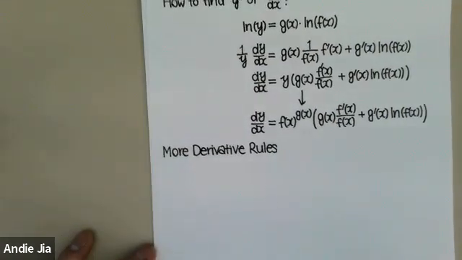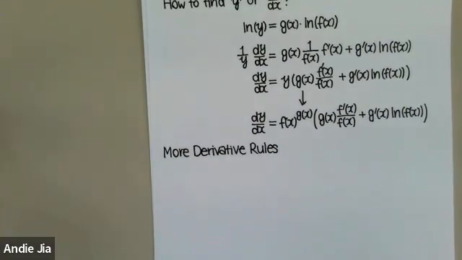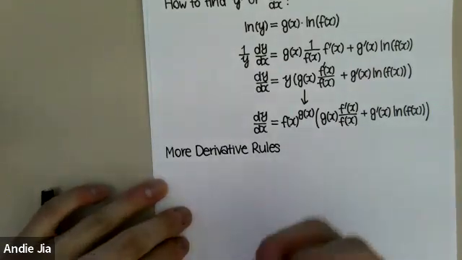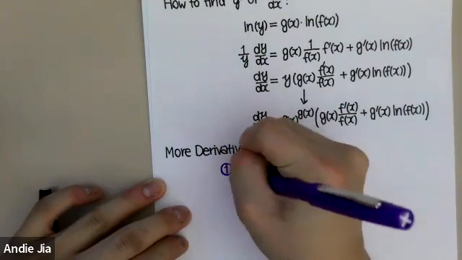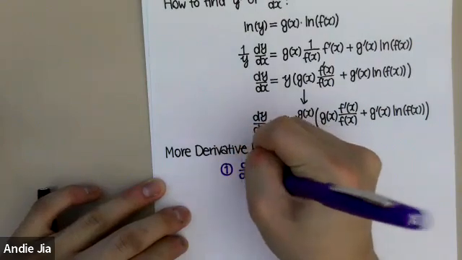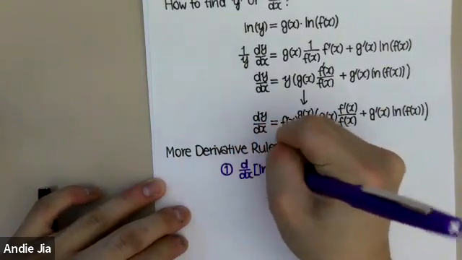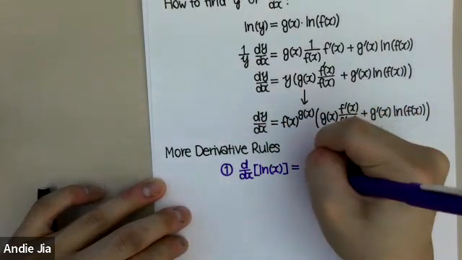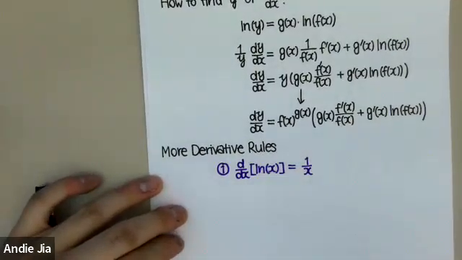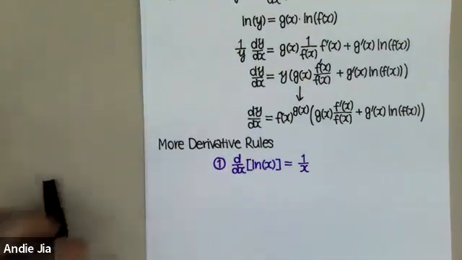Now we have some rules involving natural log of x. Derivative rule number one: d/dx of natural log of x equals 1 over x. If what's inside is not an x, it needs the chain rule.